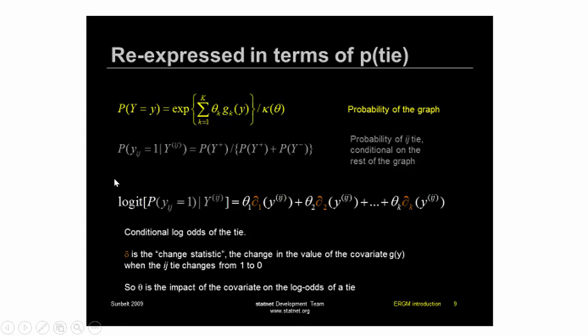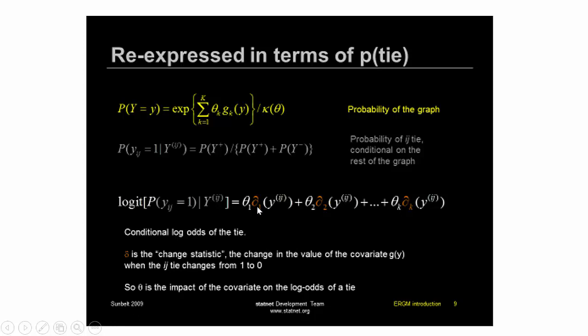We can convert this into a kind of logit, so it's linear in the logit, and the thetas are the parameters that we're estimating.